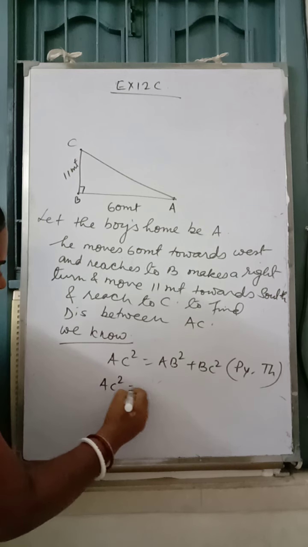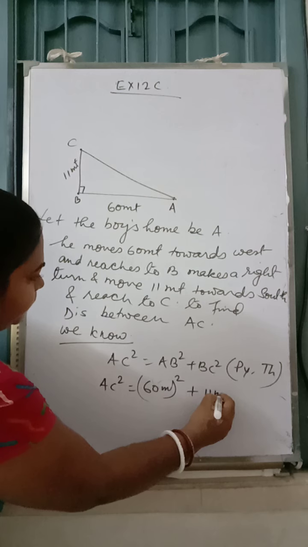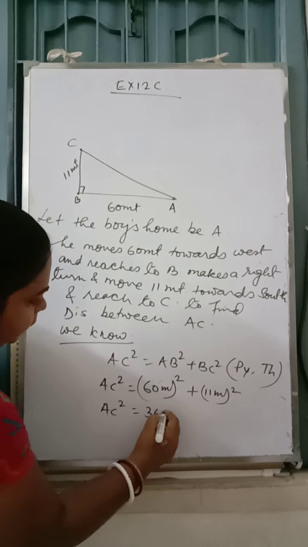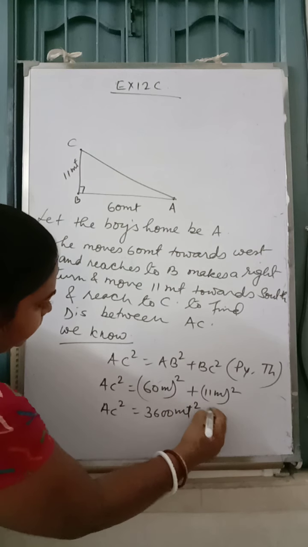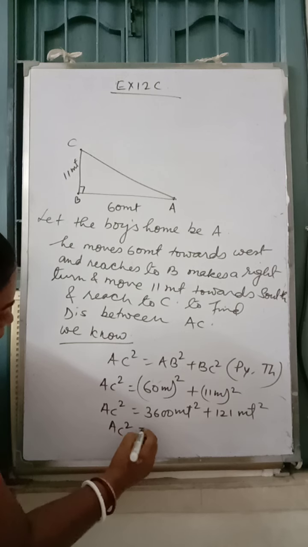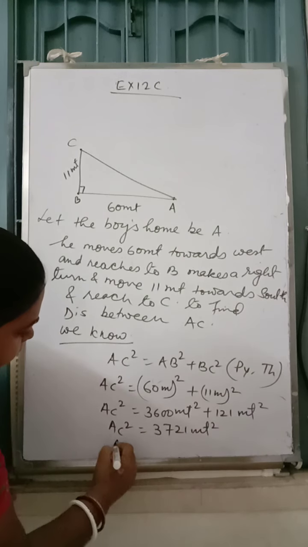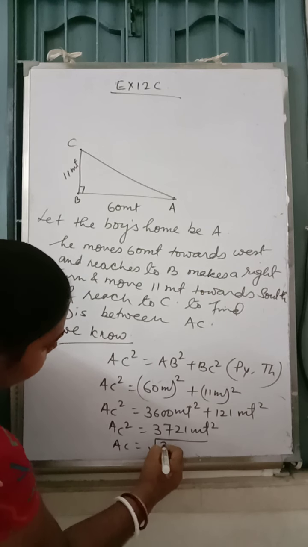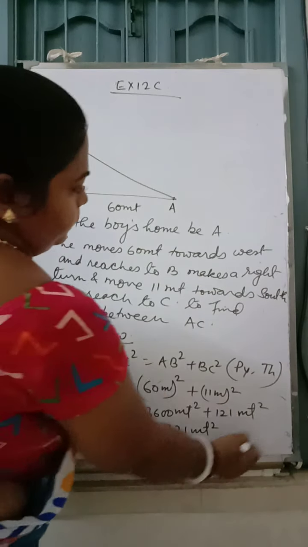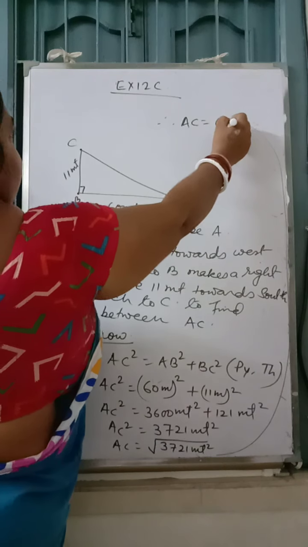AC square is equal to 60 meter whole square plus 11 meter whole square, or AC square is equal to 3600 meter square plus 121 meter square, or AC square is equal to 3721 meter square, or AC is equal to under root 3721 meter square. AC is equal to 61 meter.